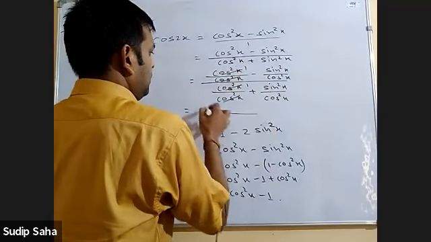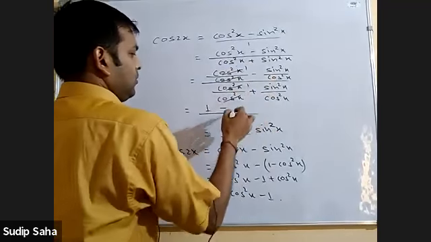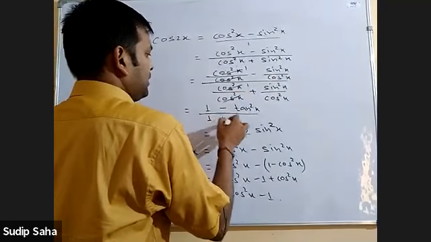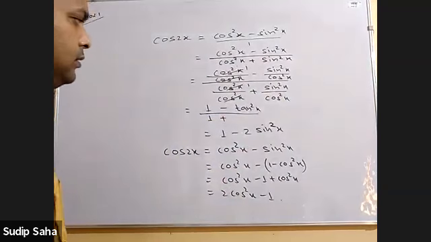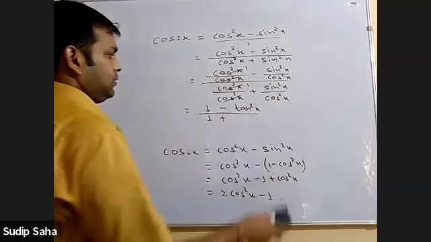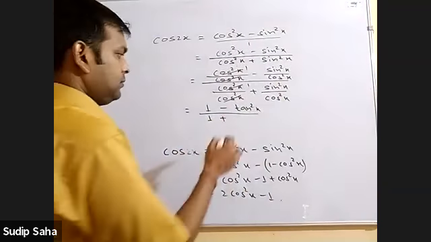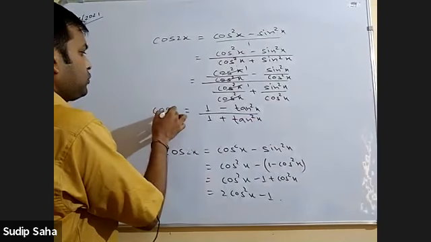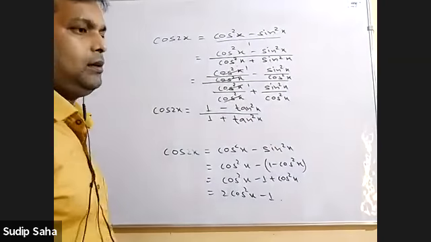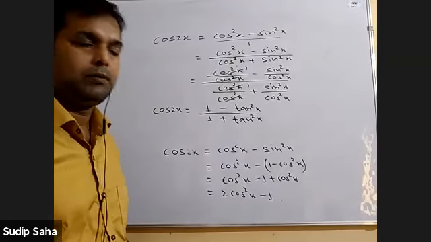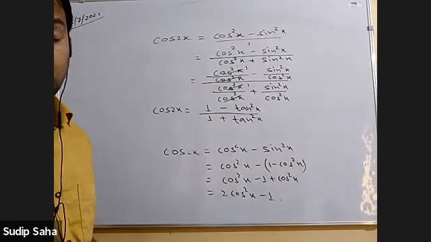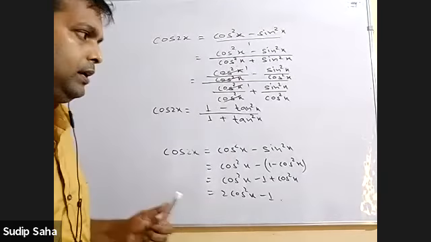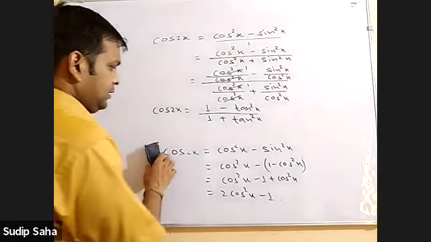So that is 1 minus sine square by cos square, tan square x. Then 1 plus sine square by cos square, it is tan square x. So this is the formula of cos 2x in terms of tan: 1 minus tan square x by 1 plus tan square x. So all total we got 4 formulas for cos 2x. But all the formulas finally I'll write one by one.